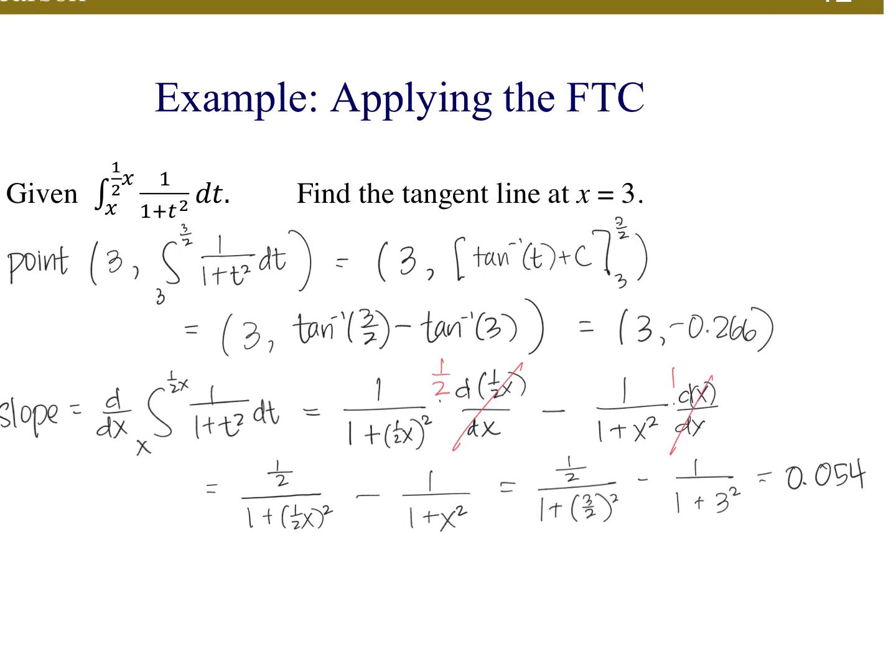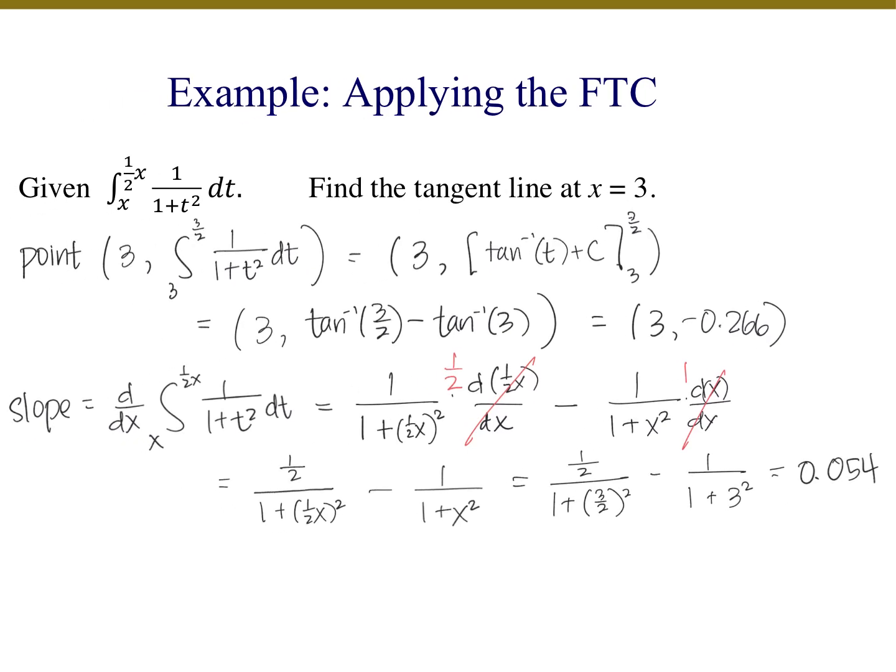All right, so using now your point and your slope, you should be able to write the tangent line. So y plus 0.266 equals 0.054 times x minus 3. So you should be fluent in doing old stuff with new techniques.